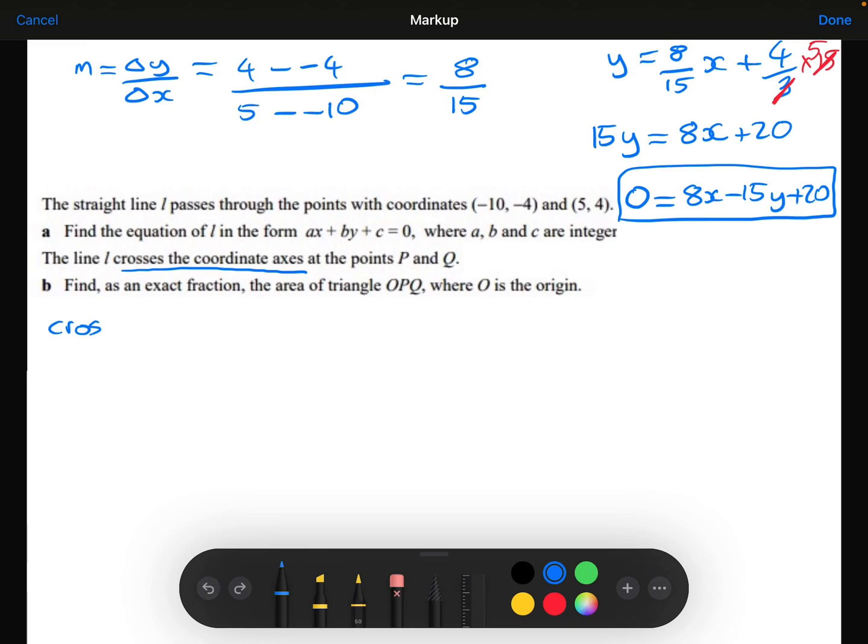So let's start with the x-axis first of all. So I know it crosses the x-axis when y equals 0. So if I take my equation and make y 0, I've got 8x minus 15 times 0 plus 20 equals 0. Now obviously the 15 times 0 is just 0.